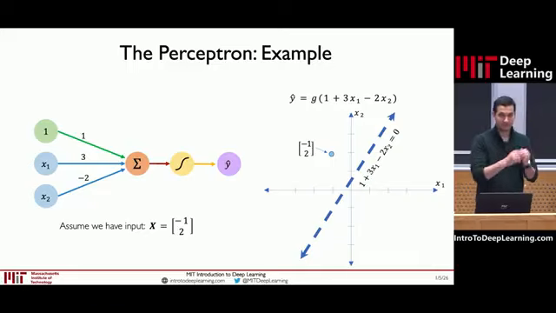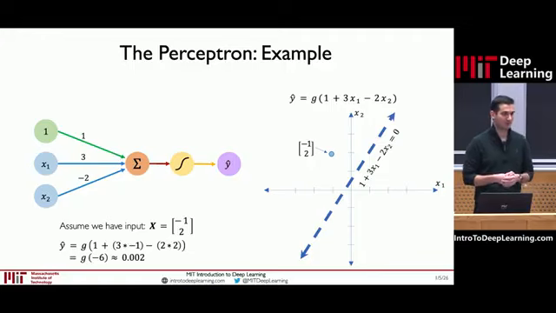I can plot it in this space, and I can see that it actually lies on the left side of this decision boundary. What does it mean to lie on the left side of the decision boundary? Well, let's actually compute it mathematically first, and then we'll see. So if we plug in those numbers to the equation, we'll get 1 plus 3 times -1, which is -3, minus 2 times 2, which is -4, right?